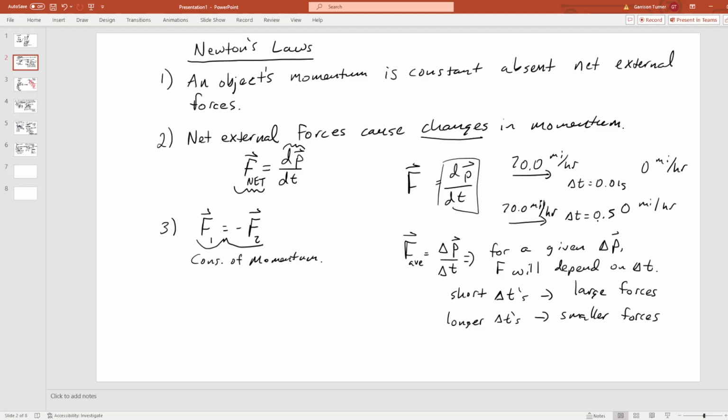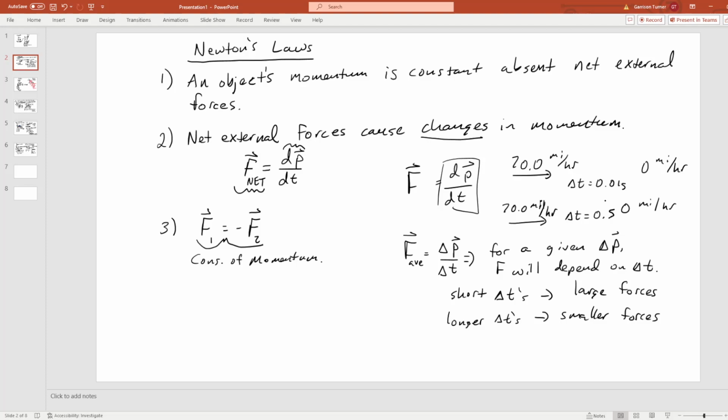Now look at this. I've increased my time by a factor of 50, and therefore I will decrease the average force felt by the car and the occupants in the car by a factor of 50.